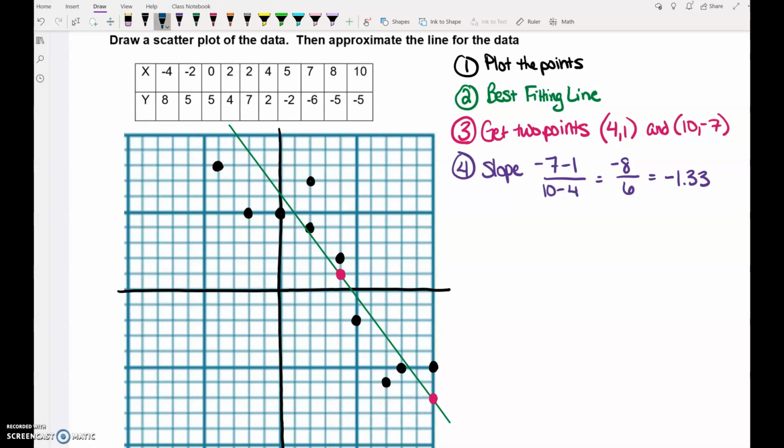Once you have your slope, your next step is to use the point slope form. So use your slope and one of your points, that's one of the points that was on your line, plug that all into point slope form. So I'm going to use this one because it's smaller.